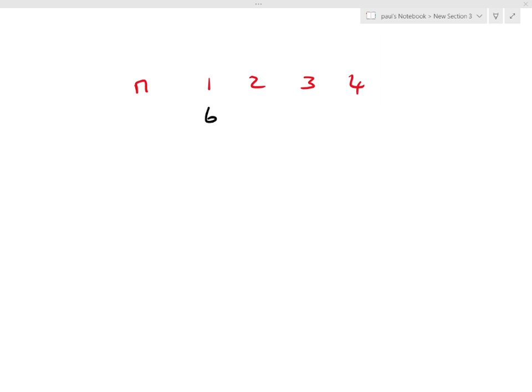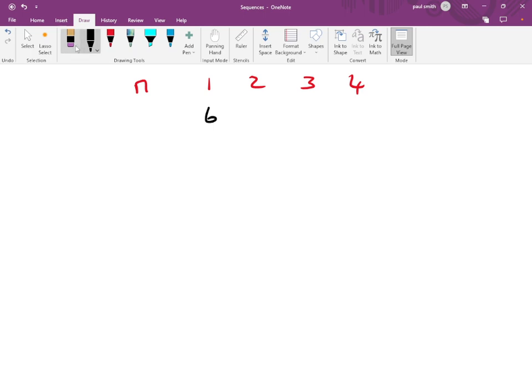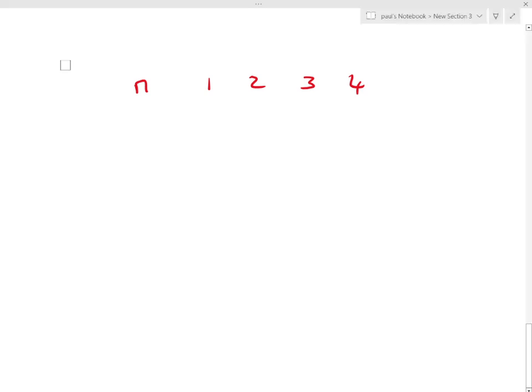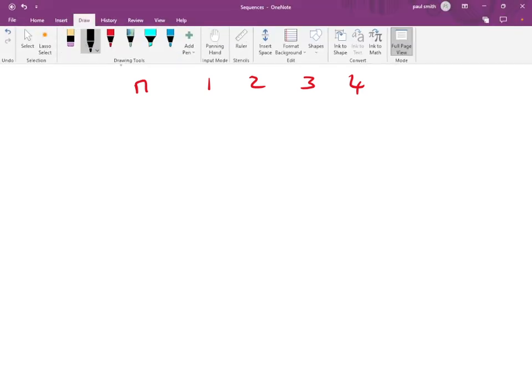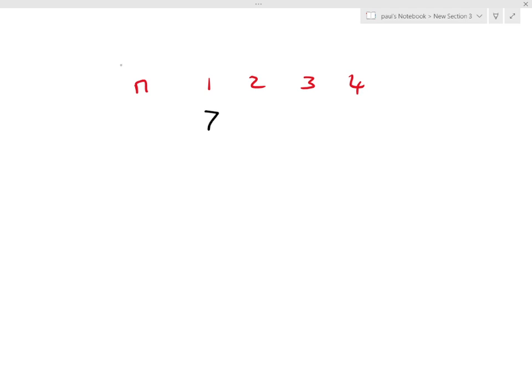So we won't use the 6, we'll use the number 7, because lucky for some. So we go 7, 13, 19, and 25.